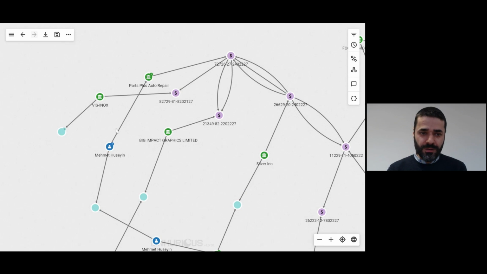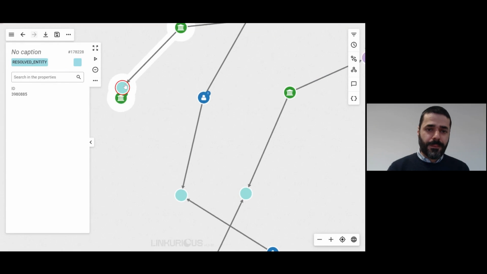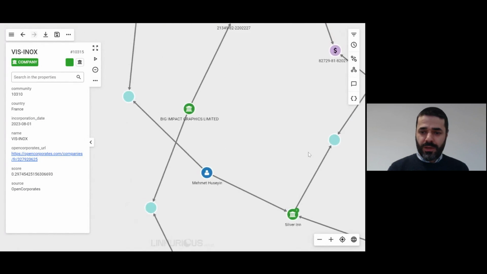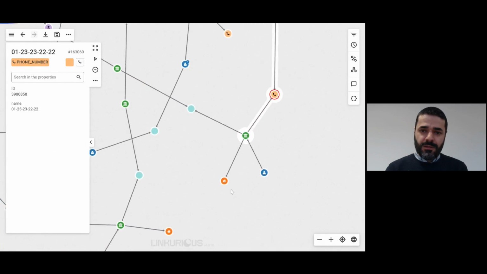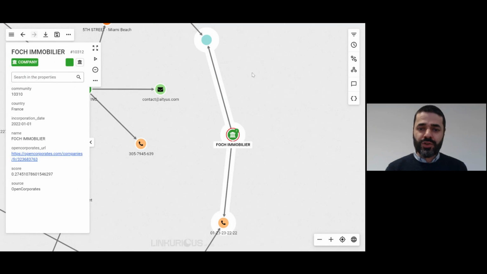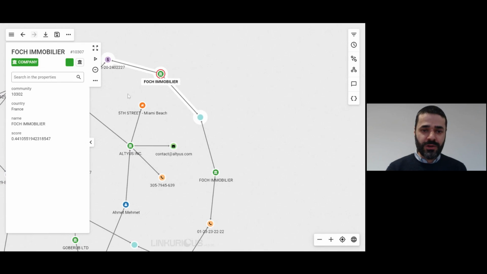Now if we do the same kind of analysis with the other companies, such as Visionox, you can see that Visionox is also sharing a phone number with Foch Immobilier, which has been identified as a duplicate for Foch Immobilier.